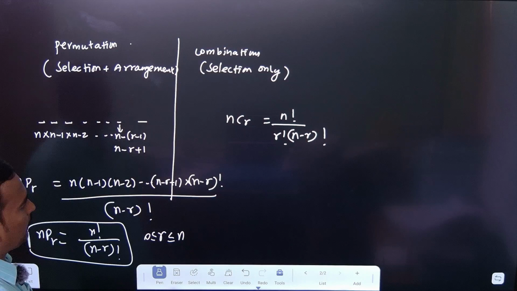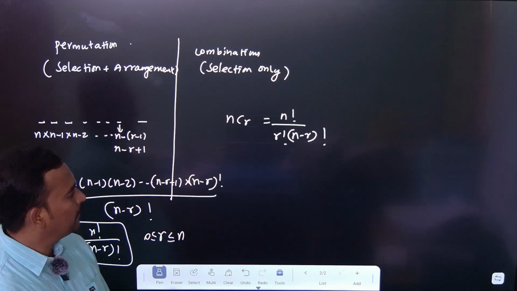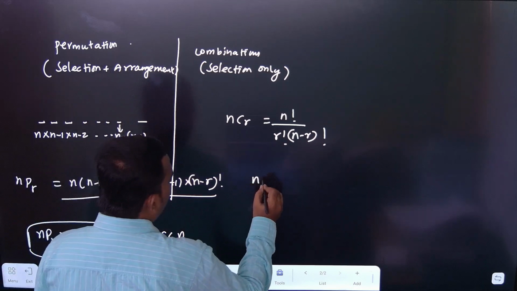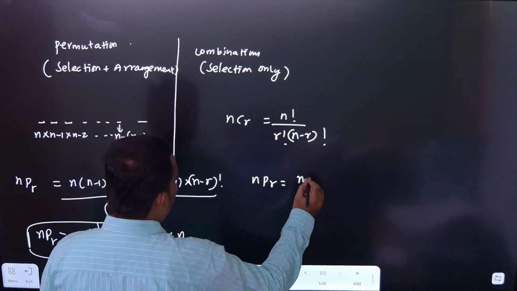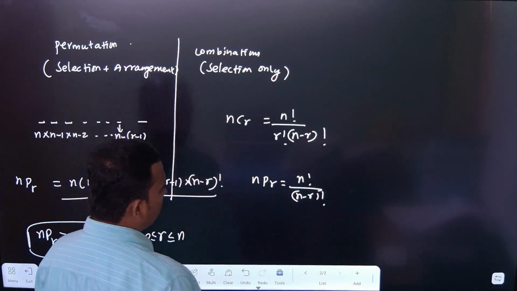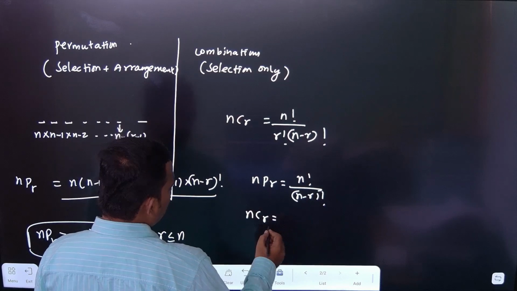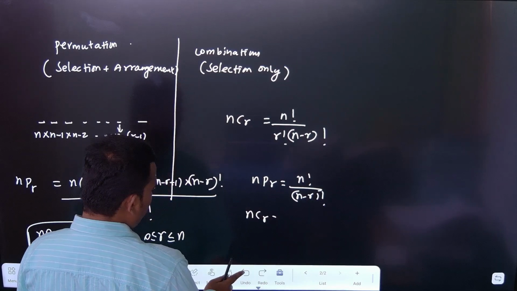We can see here how we have to relate permutation and combinations. We know that nPr is equal to what? N factorial by n minus r factorial. Clear? Okay. So nCr, how to write? Sorry, nPr, how to write?